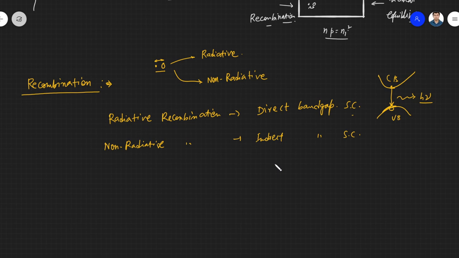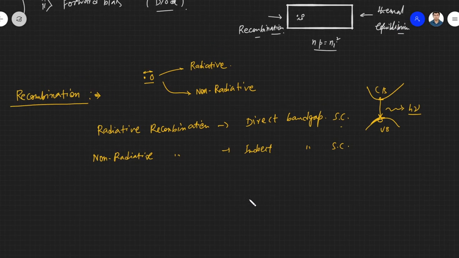Now let's define a few parameters, and then we try to see mathematically how the generation and recombination rates are correlated. Okay, so let's define generation rate. For that, I'll give an example, so it will be very easy to follow.